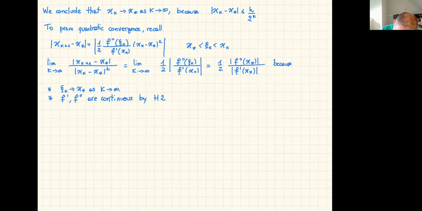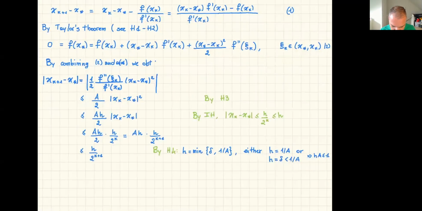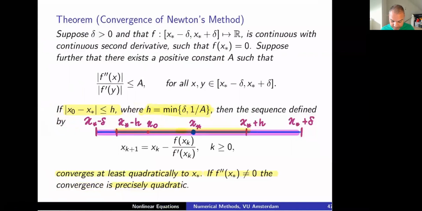If f double prime is non-zero, then immediately you can conclude that this is giving you a number that is non-zero, and so this is precisely the definition of exact quadratic convergence. Otherwise, if you find 0 here, you have at least quadratic, sorry. So this concludes the theorem proof.